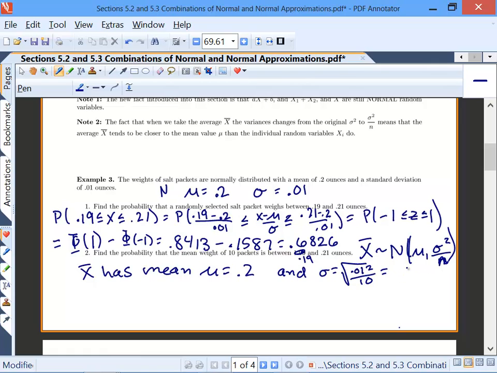You'll notice that I could have also written that sigma squared for x bar equals the old sigma squared over n. Then the standard deviation for x bar is just sigma over the square root of n. Right? That holds mathematically. Okay. But if I put it in my calculator, I get that my new standard deviation is 0.00316.